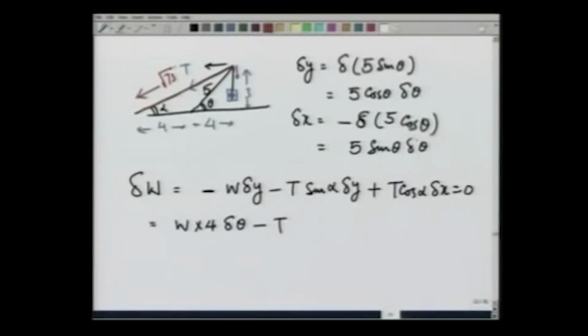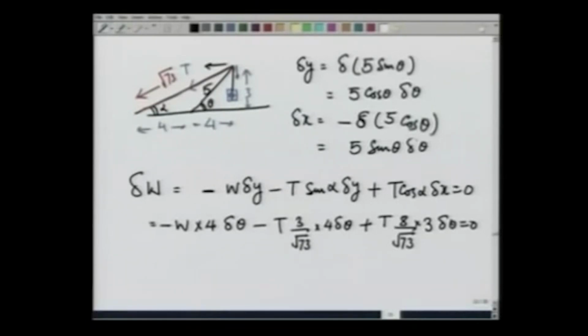So T times 3 over root 73 times 4 delta theta, plus, T cosine alpha is going to be T 8 over square root of 73, delta x is in the same direction, 5 sine theta is 3 delta theta, is equal to 0.